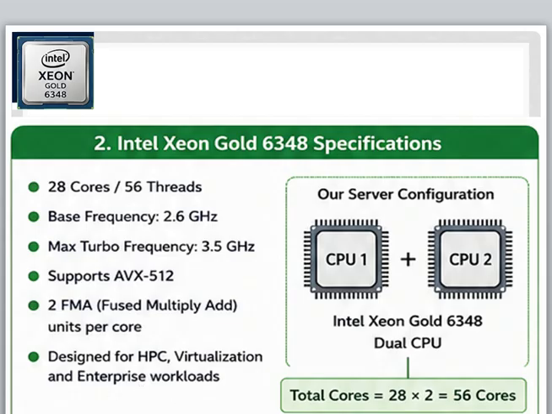In this calculation, we will use the base frequency of 2.6 gigahertz because it's commonly used for theoretical peak performance calculation. Our server has dual Intel Xeon 6348, which is a total of 56 cores.